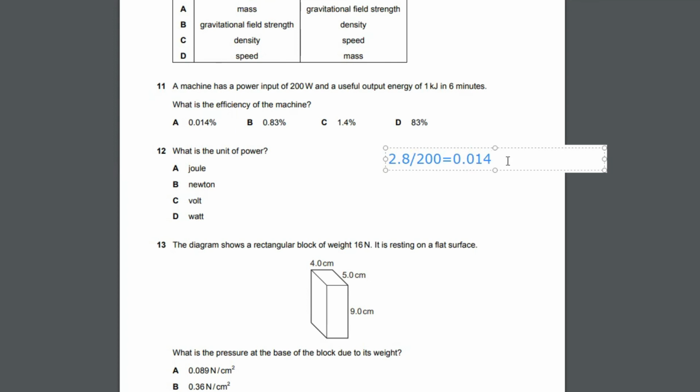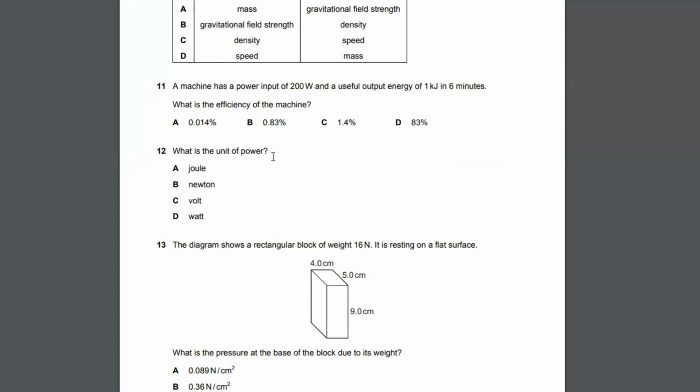Now, this is just efficiency. So if I want to know it in terms of percentage, because the unit is in percentage, I will just multiply this by 100. So I will shift 2 decimal places. So it will be 1.4, which is C.